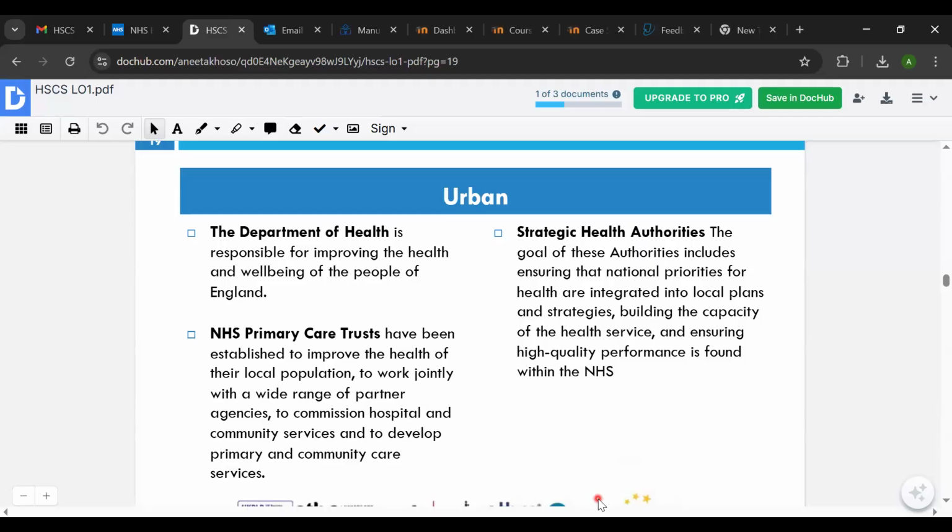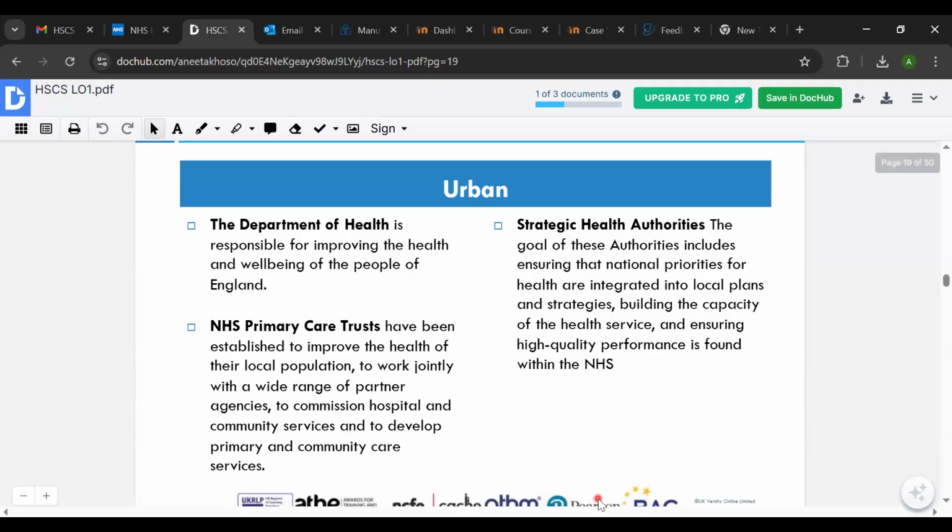There are also strategic health authorities, and their goals include ensuring that national priorities for health are integrated into local plans and strategies, building the capacity of the health services, and ensuring high quality performance within the NHS.